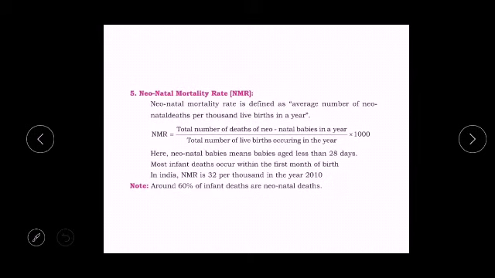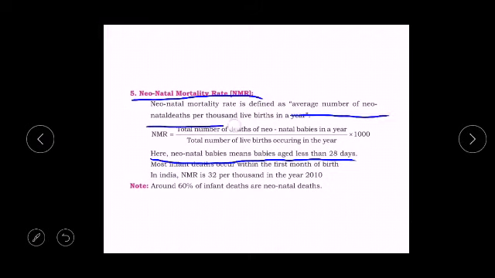Next comes neonatal mortality rate, in short NMR. Neonatal means a baby which is less than 28 days, or a baby up to 28 days is referred to as a neonatal baby. So the definition is the average number of neonatal deaths per 1,000 births in a year.